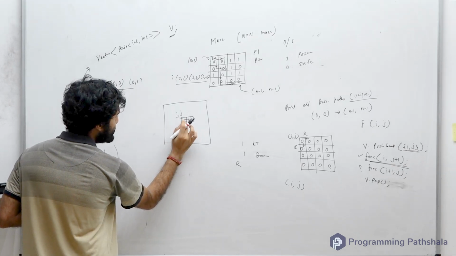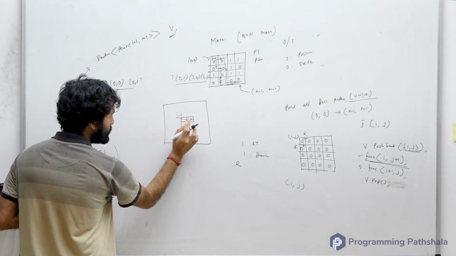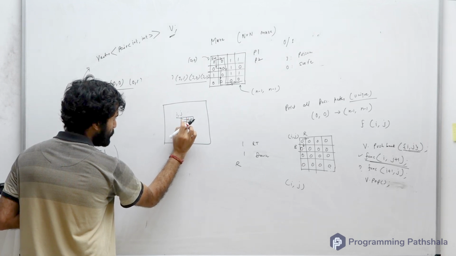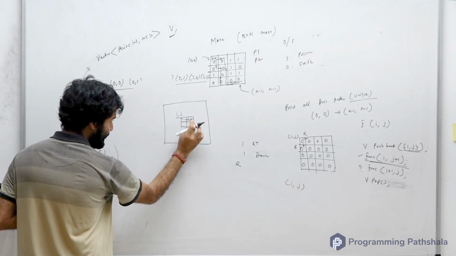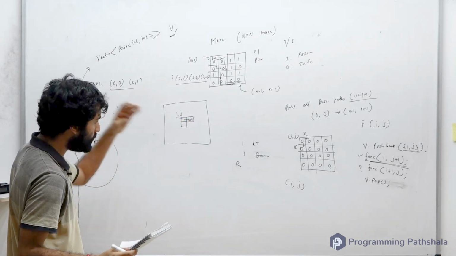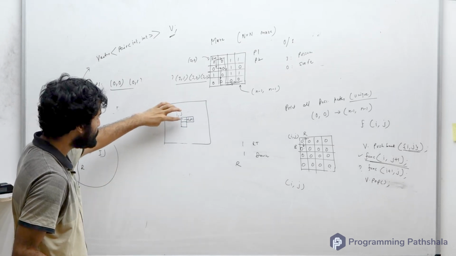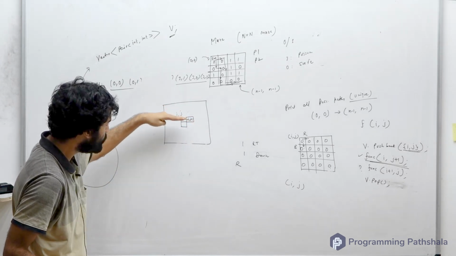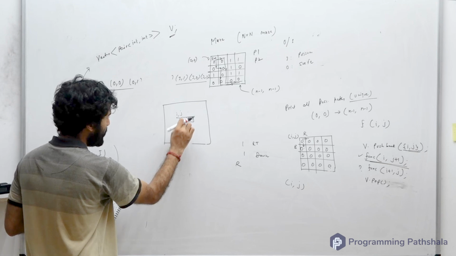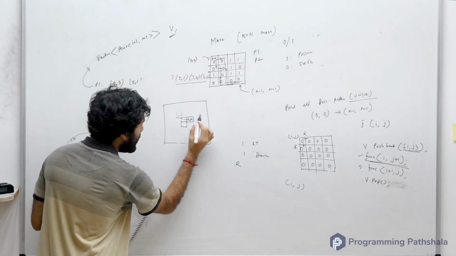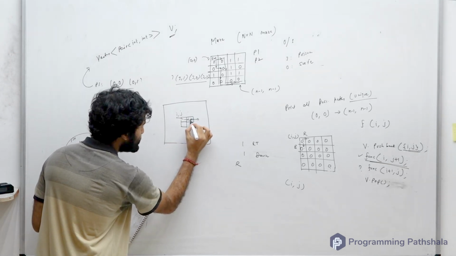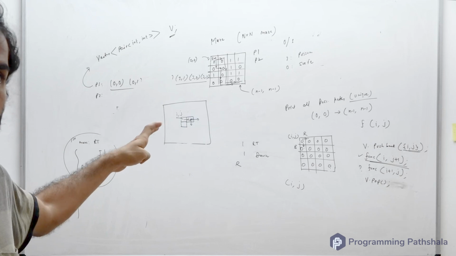So when you were at this cell, you had two options. What was the first option? Either to move right or to move bottom. First you preferred to move right because first you want to print all the paths that reach from here to here by making first move as right move, and then you will come down to this. Now when you are here, again you would take two set of moves.